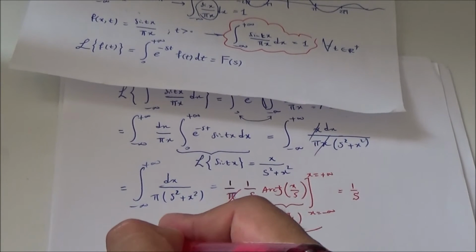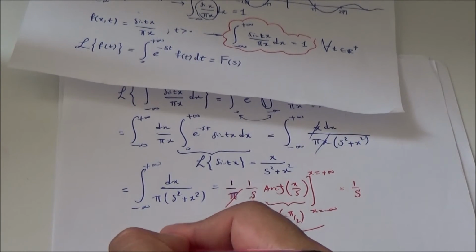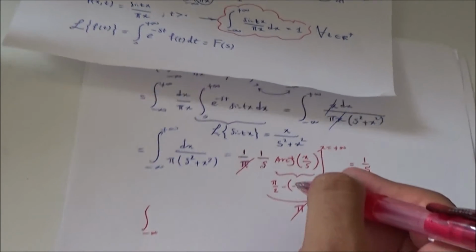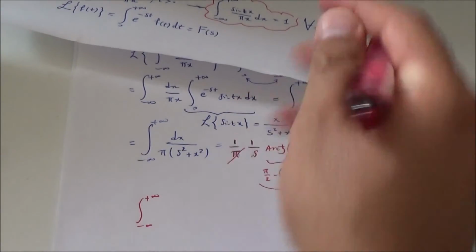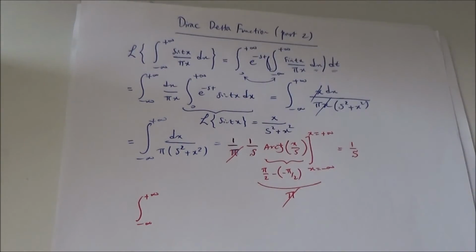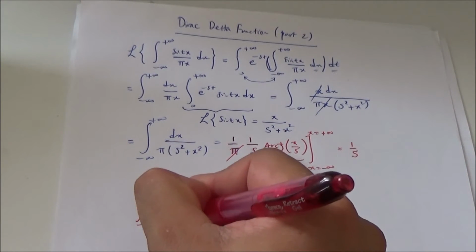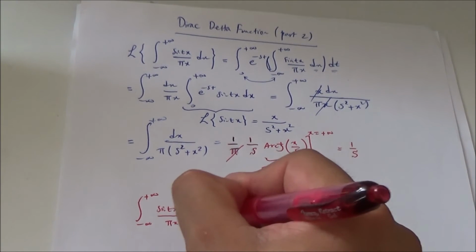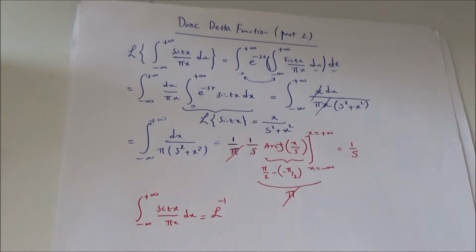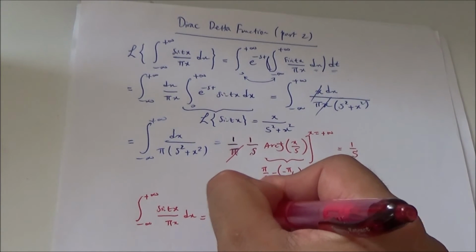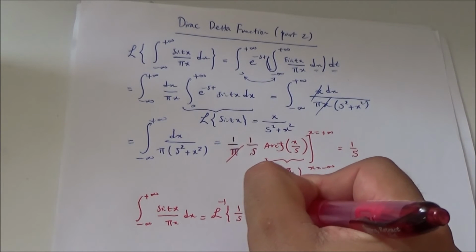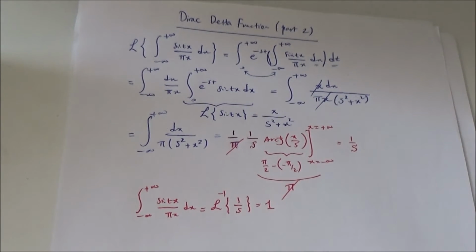so that the result, the function itself, in fact, the integral from minus infinity to plus infinity of sine of tx over pi x dx is equal to the inverse Laplace transform of 1 over s, which is exactly equal to 1.